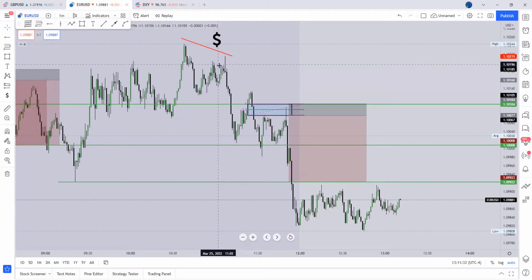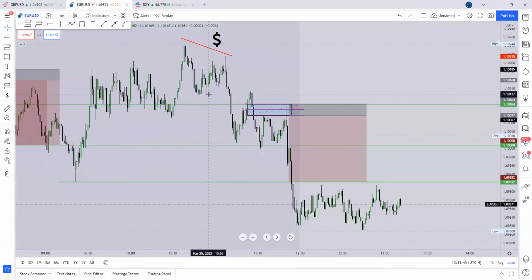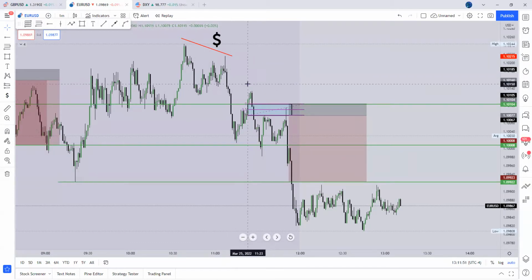Price is going to go for the path of least resistance, which in this case, it's going to put as little effort as it possibly can. And in this case, the point that is least effort is right here, for the mitigation block. So if price has already triggered a certain block and price has already moved away from it, don't worry about anything that you could consider an imbalance. It's not going to get tapped right now.